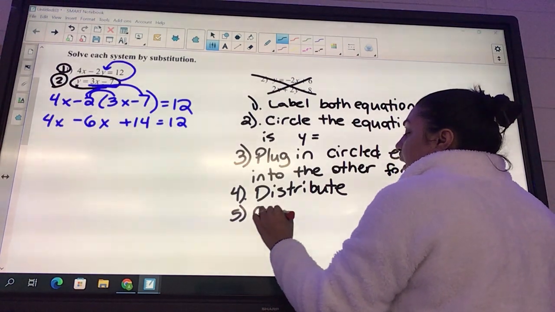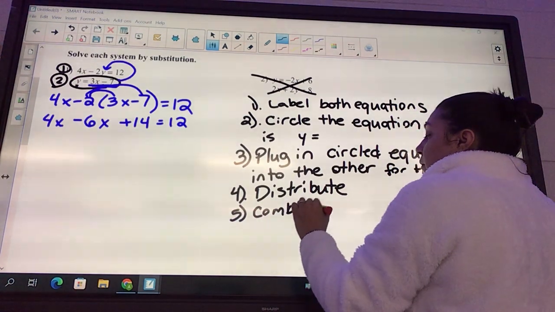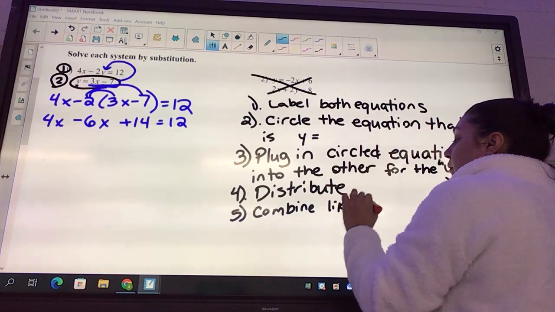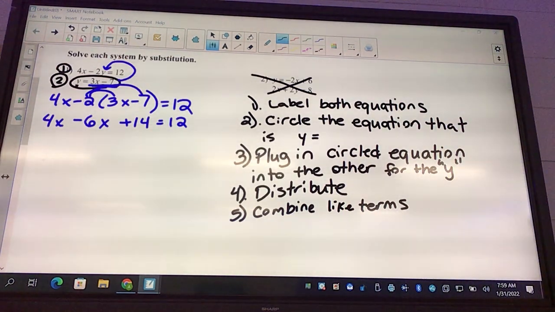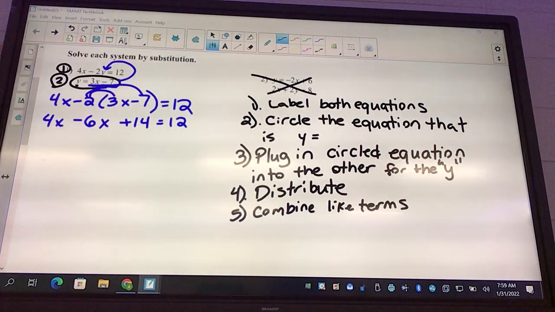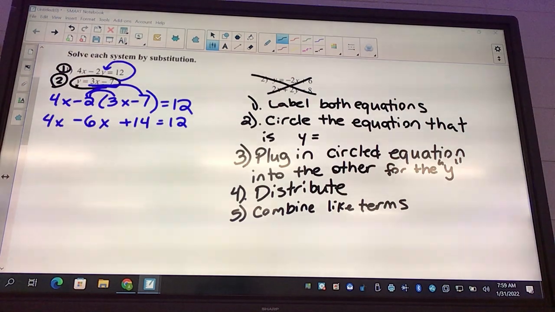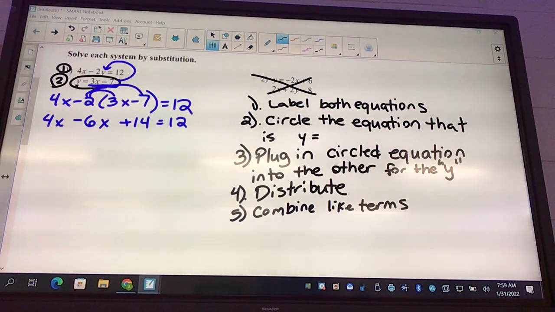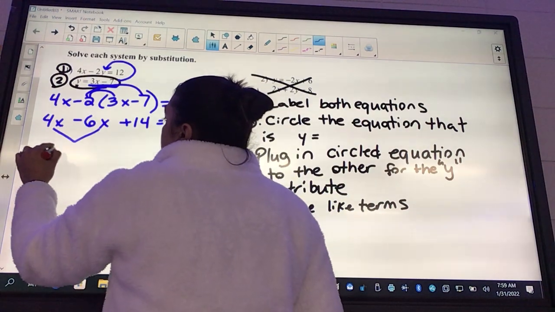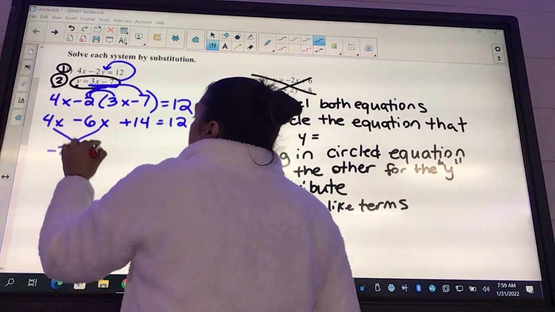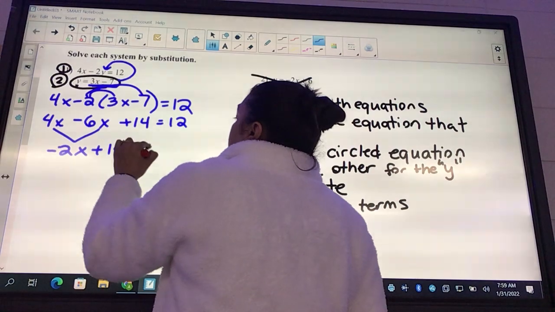Then you're going to combine like terms. What can we combine? 4x minus 6x, and that's going to give me what? Negative 2x. So we can combine these two. So you're going to get negative 2x plus 14 equals 12.